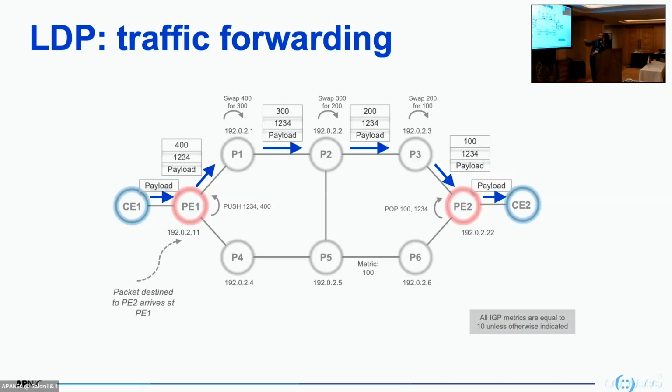The IP information is here. Let's say the payload is here, and IP information is on top, but it just looks at the label instead of looking at the destination IP when it's switching. Actually, it looks at the IP, but then it does not process using the routing table. It processes using the label table.